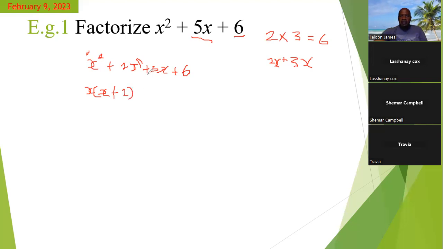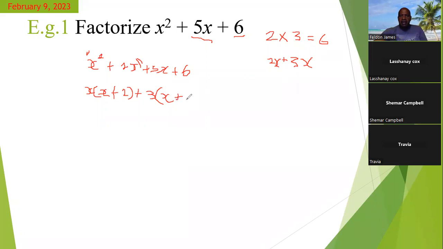And now we look at the second pair and look for the common factor. Now the common factor here for the second pair is the number 3, because 3 can go into itself and it can go into 6. So we pull out that 3. We factorize by 3. 3 into 3x gives you x, because the 3 cancels out, leaving the x. And then we divide the 6 by 3.